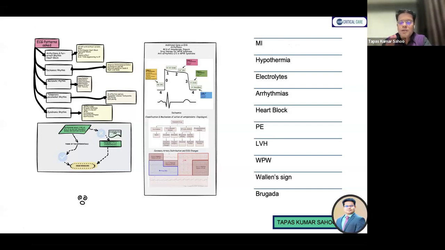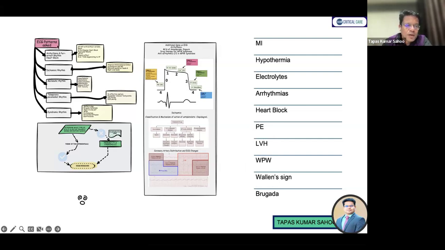They can be a favorite question in an exam. Heart blocks: first degree, second degree, complete heart block. Pulmonary embolism, the ECG finding. Pericardial effusion, pericarditis, left ventricular hypertrophy, and some of the syndromes like WPW syndrome, Wellens, Brugada syndrome.